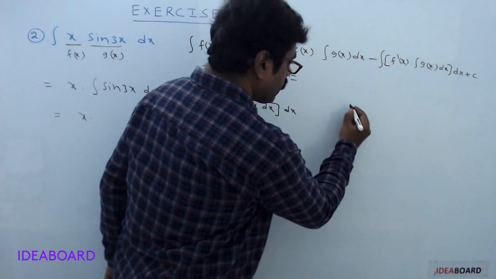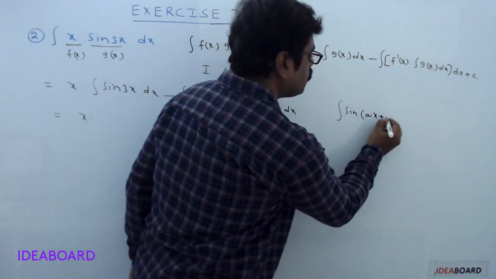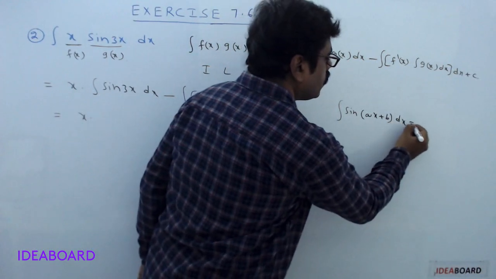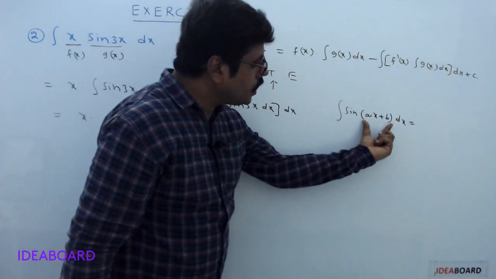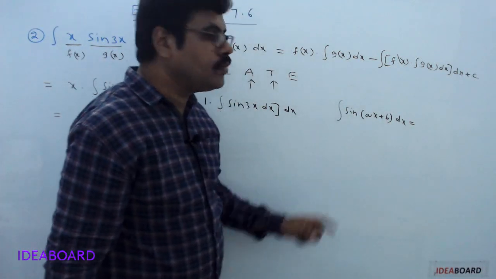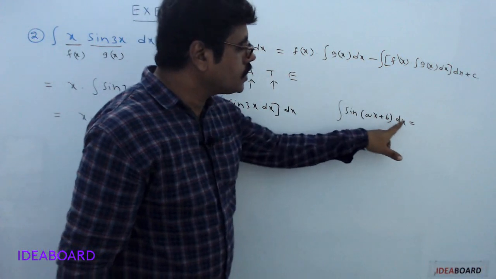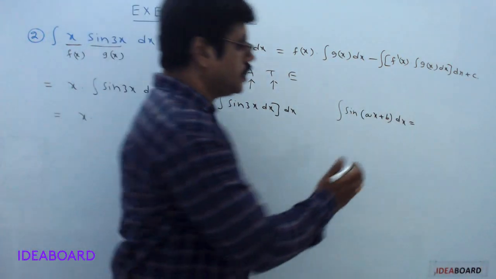Now see the formula. Integral sin(ax+b) dx: if you consider ax+b as x, then it is of the form integral sin x dx, which is minus cos x.